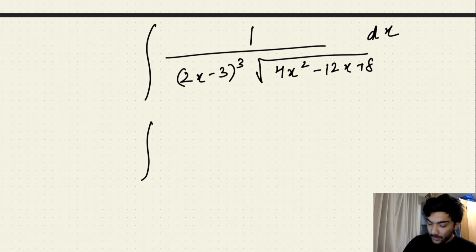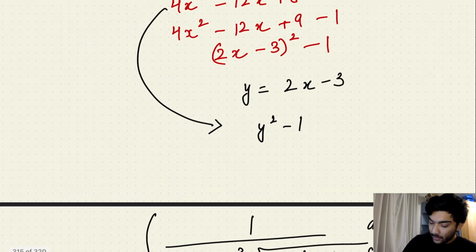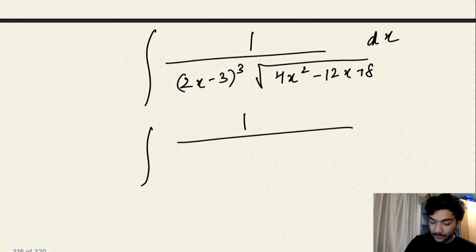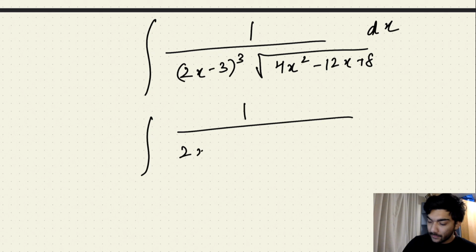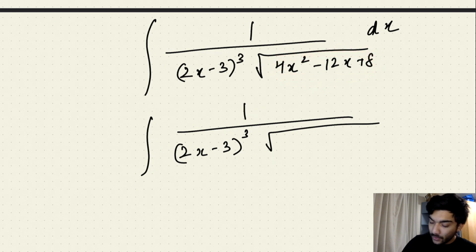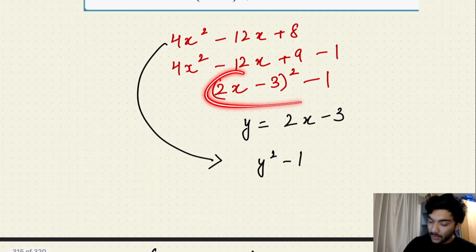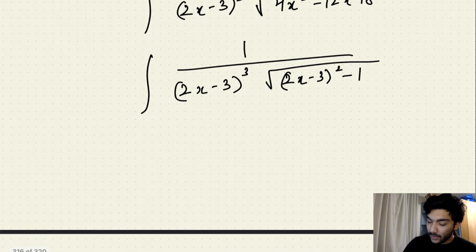So now let's write this expression in this form. The (2x minus 3) whole cube will remain as it is, and this square root expression can be easily changed to simply (2x minus 3) whole square minus 1, right? The same expression over here.